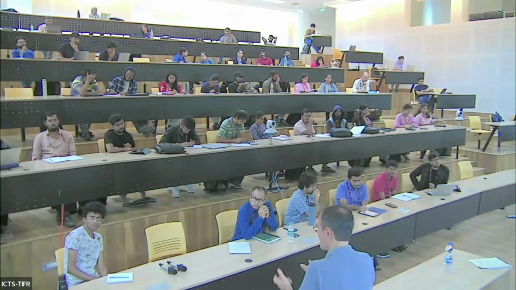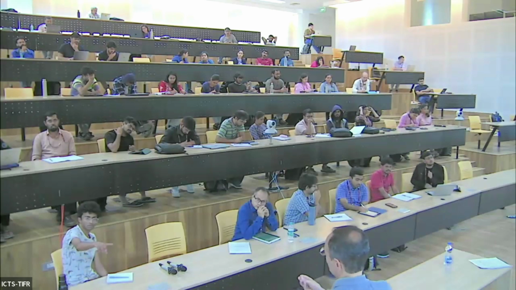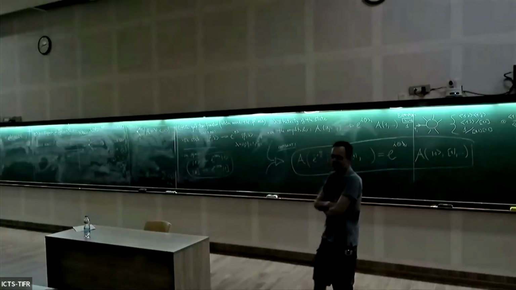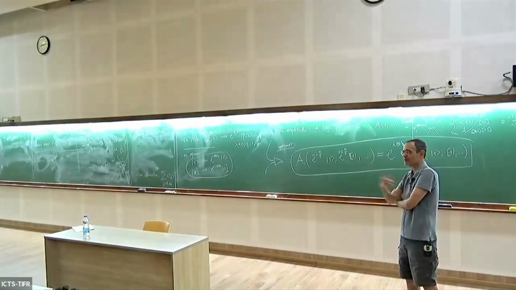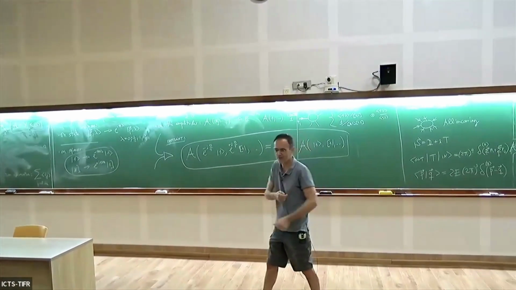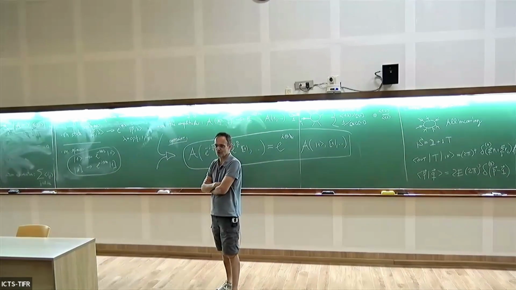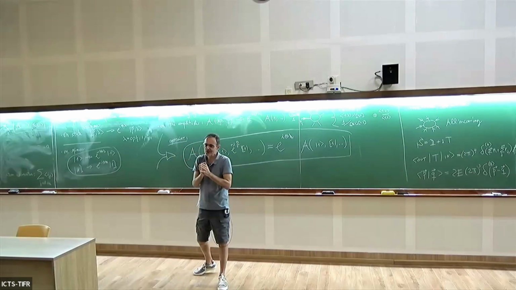You usually define it by going to the frame where the particle is at rest, and now you look for other quantum numbers. It cannot be the helicity, because you say it has helicity like this, but in another Lorentz frame the helicity changes sign.